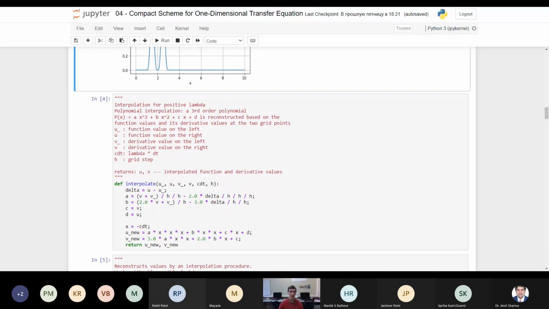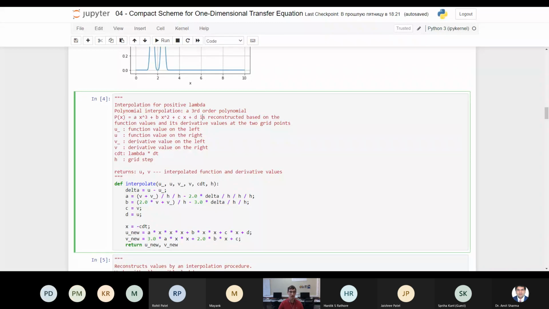Now we discussed the interpolation procedure. We expect that lambda is a positive real number. The polynomial is of the following form. So basically, x is the independent argument, and a, b, c, and d are the coefficients which have to be found.